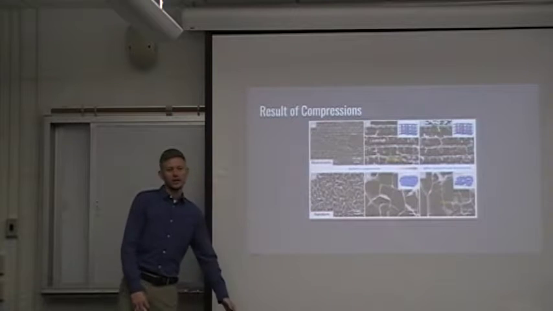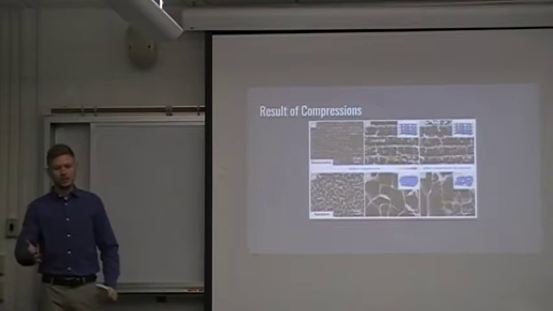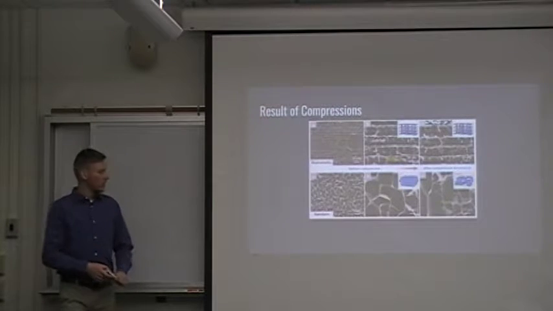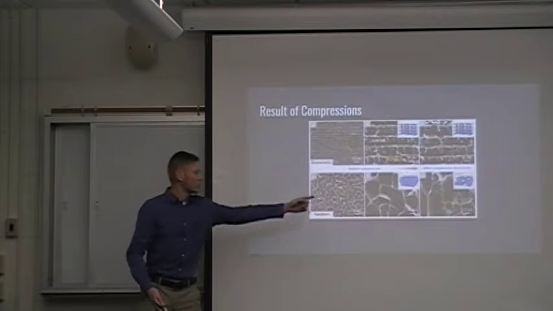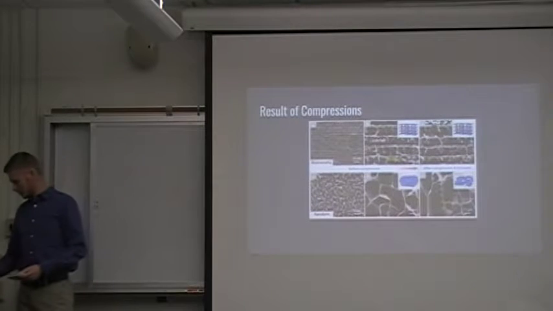In the bottom here, there are no bridges per se, it's just a random matrix of pores in the solid. So with no ordered structure, it causes cracks and breaks, structural damage.